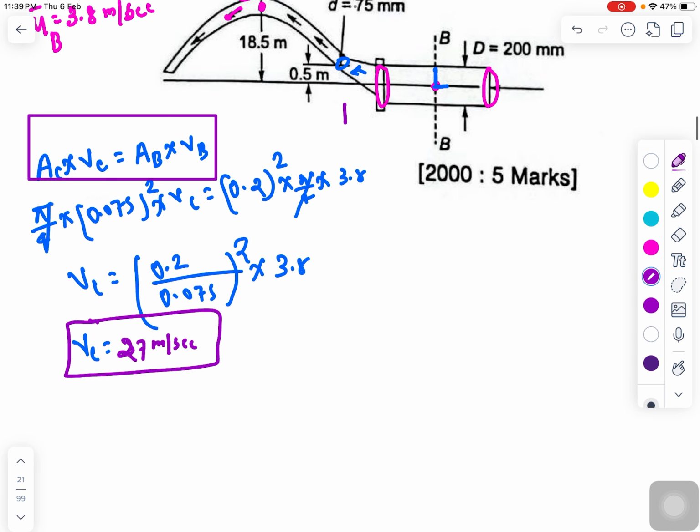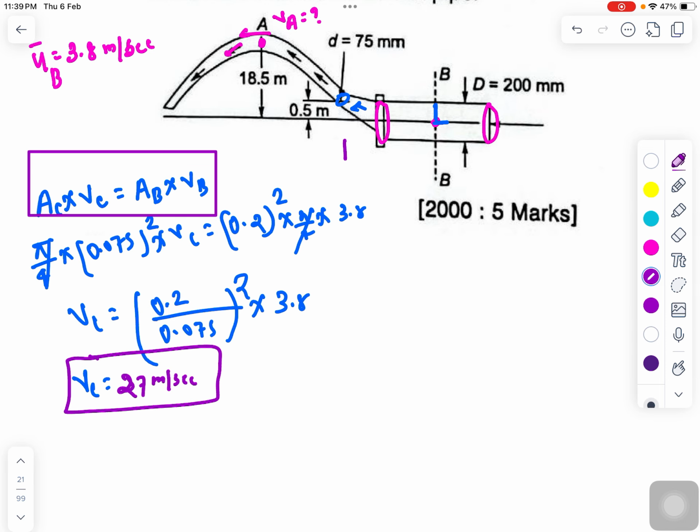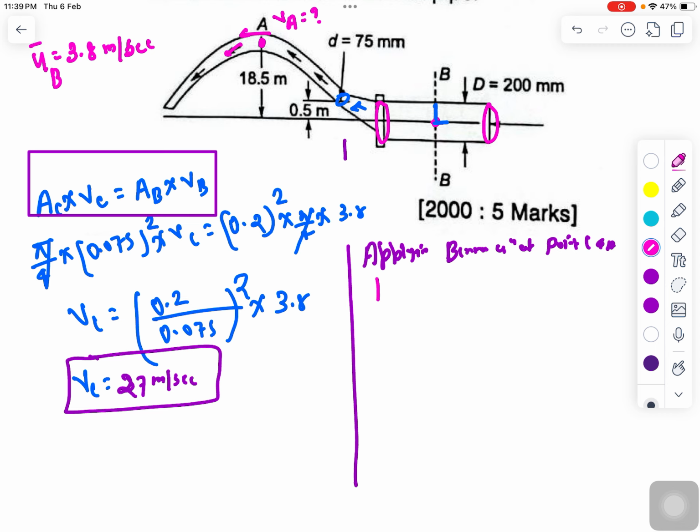Now moving towards the next point, apply Bernoulli's equation at point C and A. So what I can say is PC divided by rho g plus VC square by 2g plus ZC, that is equal to PA divided by rho g plus VA square by 2g plus ZA.